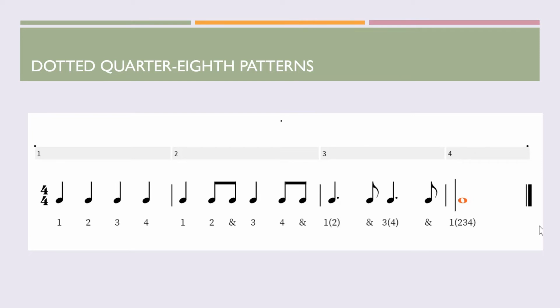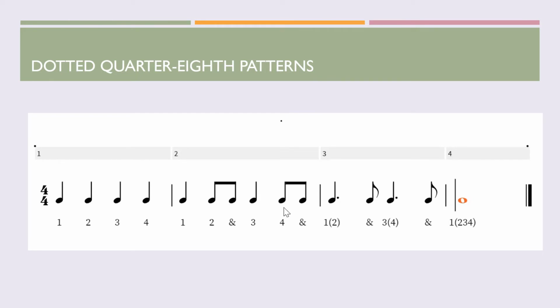Some people were taught how to do rhythms using rhythmic syllables, like ta and ti-ti. So for this dotted quarter note, our rhythmic syllable could be ta-i-ti, ta-i-ti. The i is for the first half of this pattern, this pair of eighth notes.